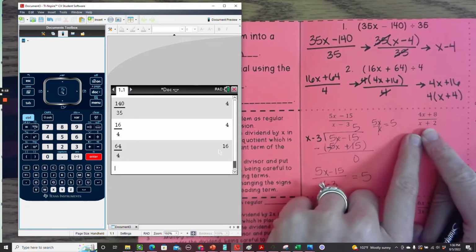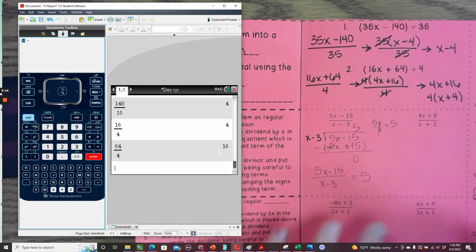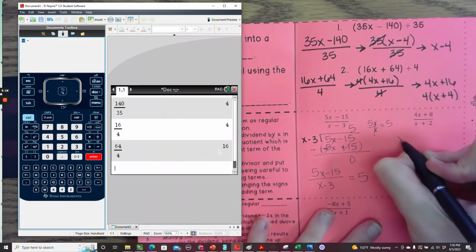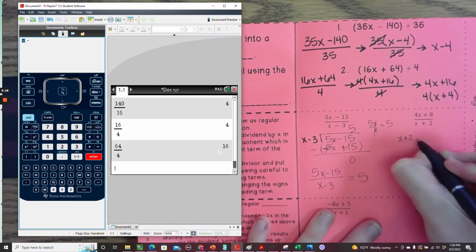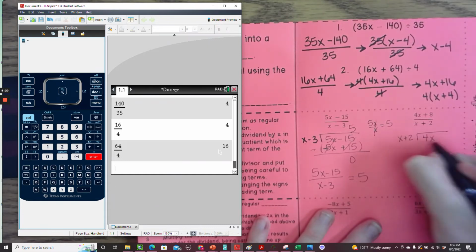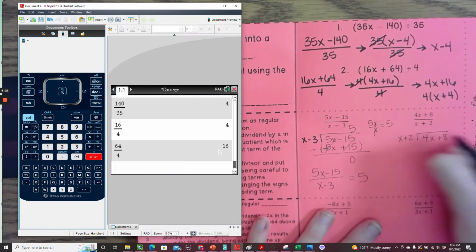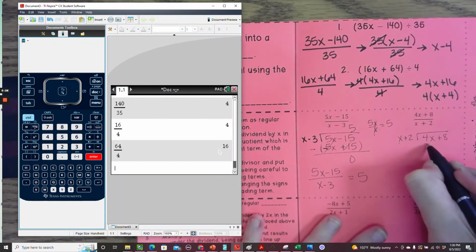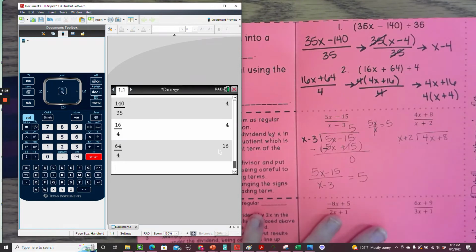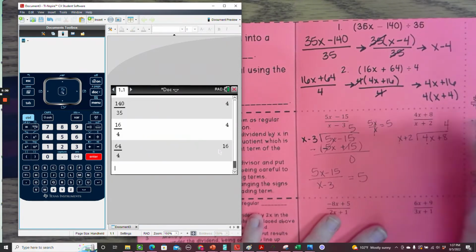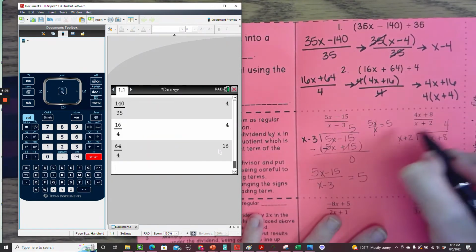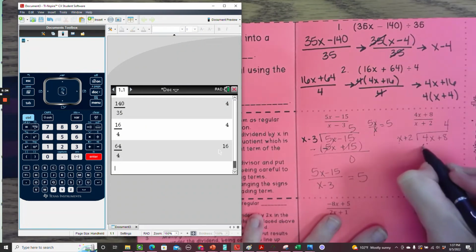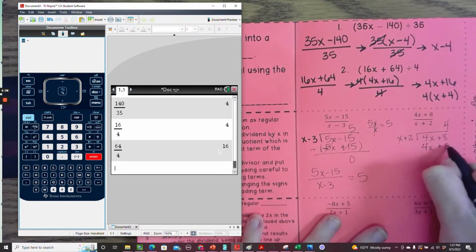Top goes in the box, bottom goes outside the box. 4x plus 8 divided by x plus 2. x times what gives me 4x? 4. Now I multiply it out. 4 times x is 4x, 4 times 2 is positive 8.